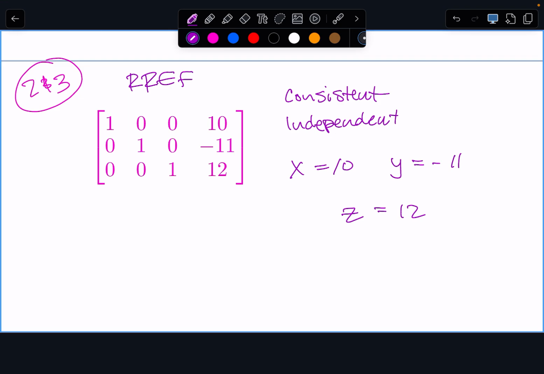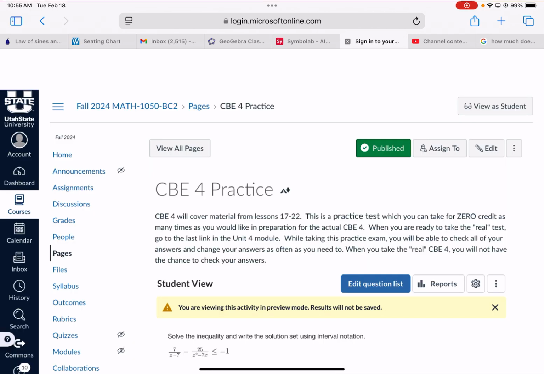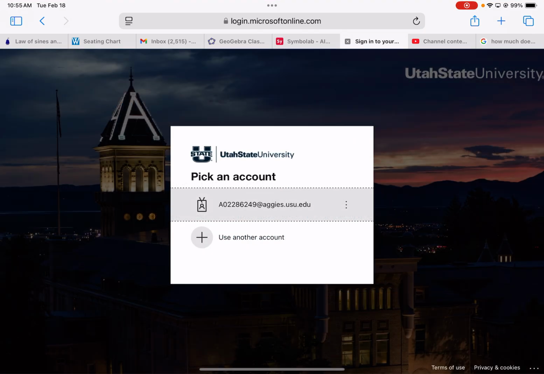It'll say x equals, y equals, and if you want, I can pull up the CBE. It'll take a minute. I trust you. Don't make me log in again.